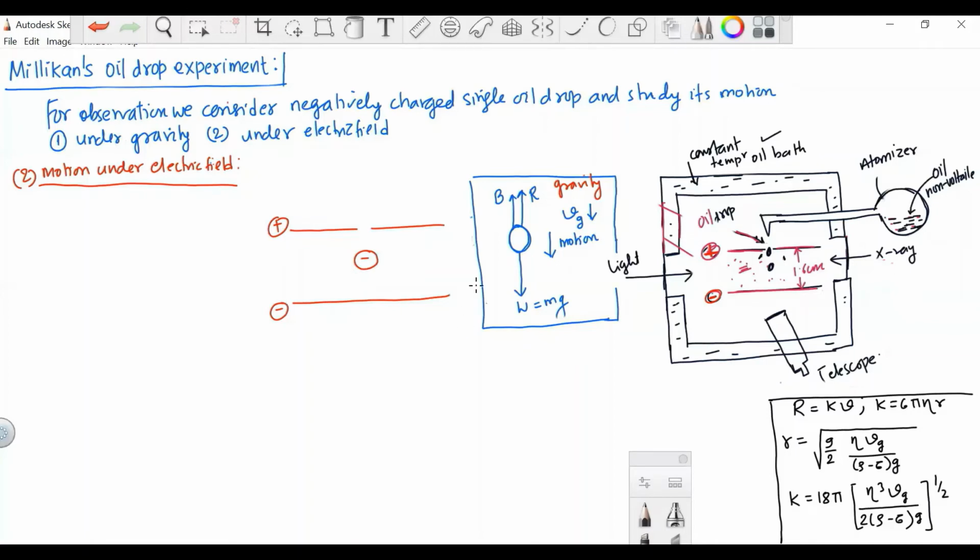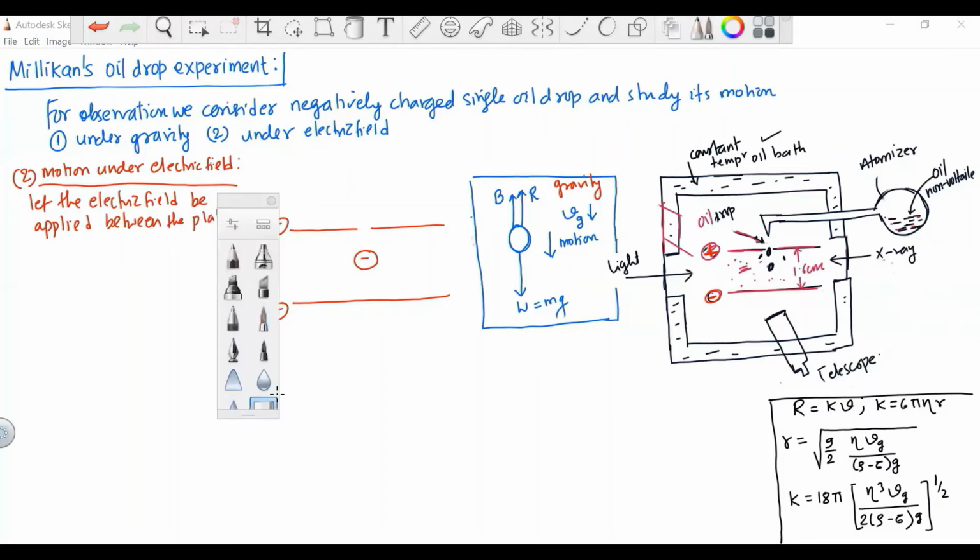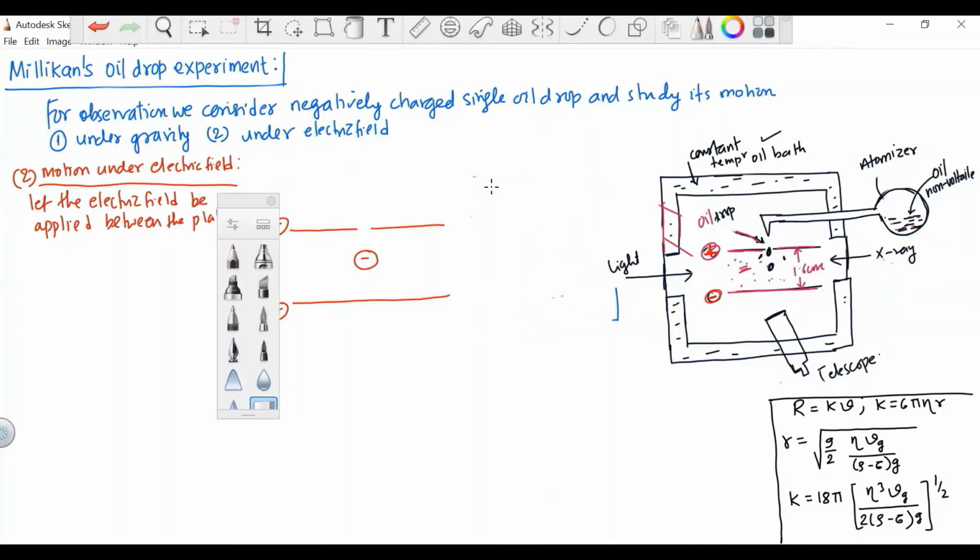So what we find? Let the electric field be applied between the plates. Let me erase this also, so that we do not get confused.